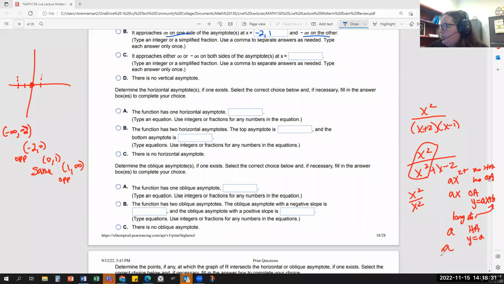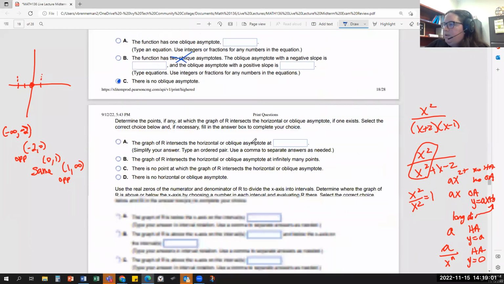And if there's any power of x left on the bottom, then that would be y equals 0, which would also be a horizontal asymptote. In this case, we have x squared over x squared, which equals 1. So we stick y equals in front of that. It is a horizontal asymptote, and that means there is no oblique asymptote. There will never be 2 horizontal asymptotes or 2 oblique asymptotes.